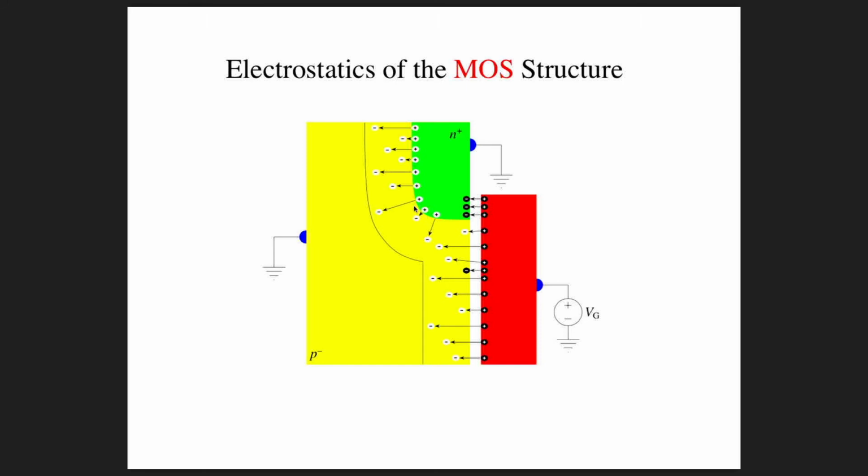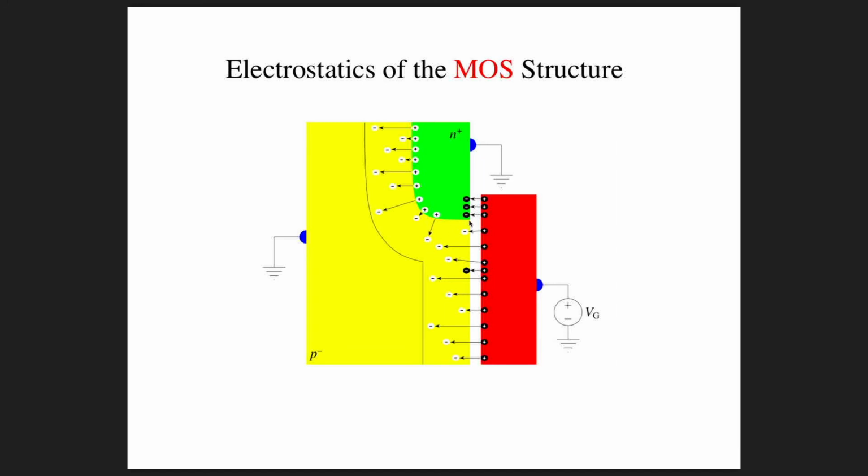And so when the depletion region underneath the gate gets to be the same width as the depletion region underneath the source, underneath this N plus region, then that means that the built-in potential is the same as the surface potential here.